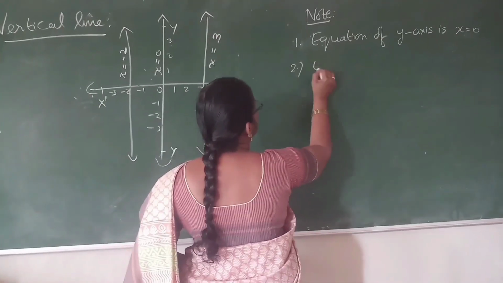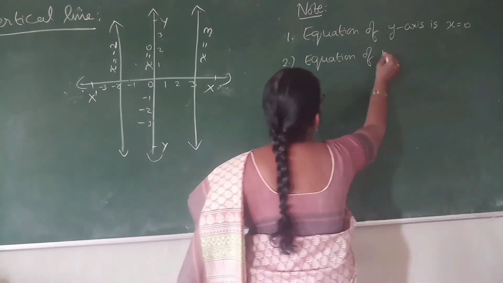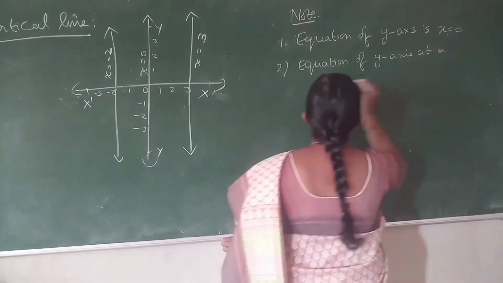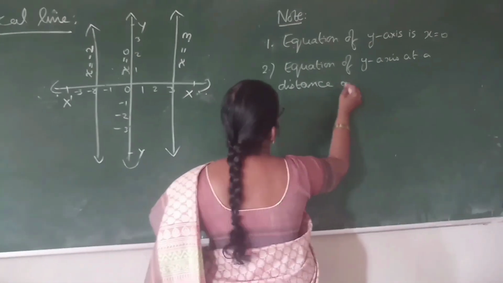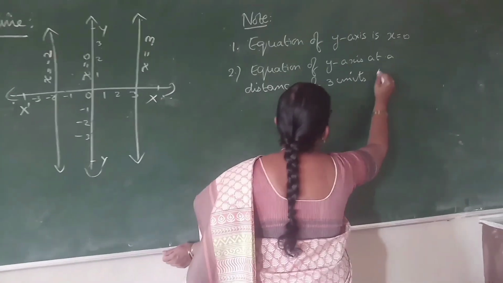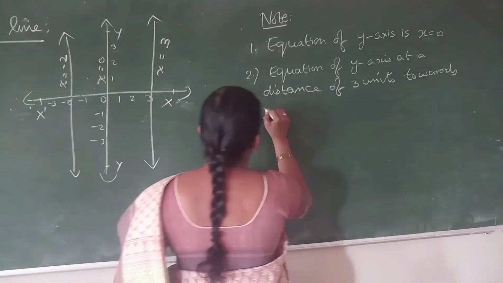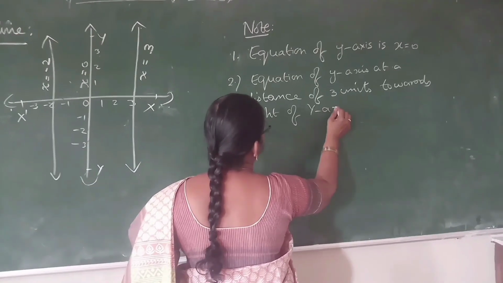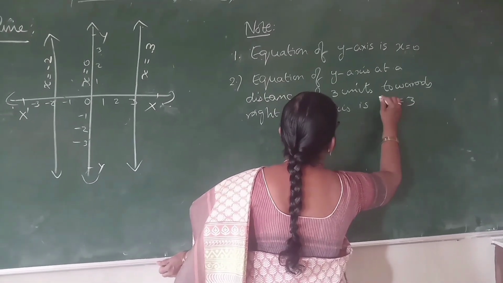Second one, equation of a line at a distance of three units towards the right of the y-axis is x equal to 3.